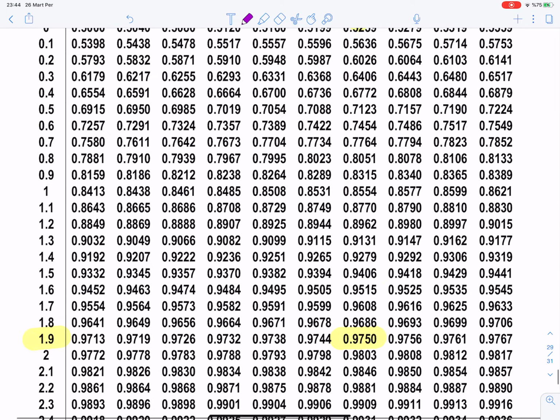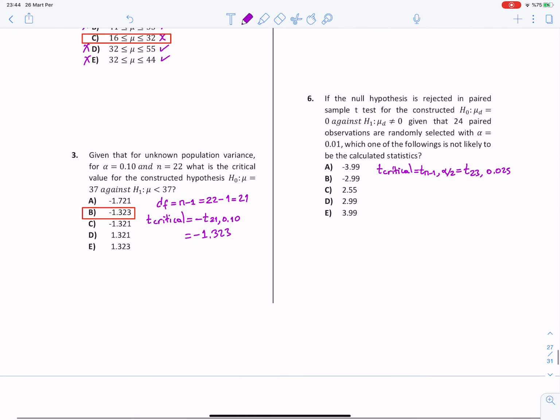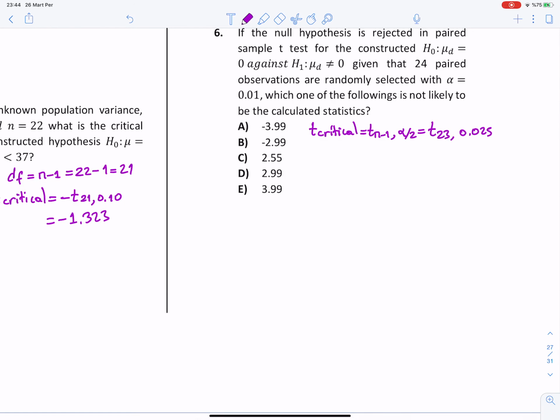2.069. So the answer will be, let's get this value, 2.069.